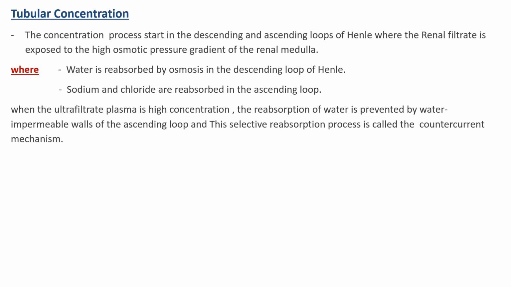Tubular concentration. The concentration process starts in the descending and ascending loop of Henle, where the renal filtrate is exposed to the high osmotic pressure gradient of the renal medulla. Water is reabsorbed by osmosis in the descending loop, and sodium and chloride are absorbed in the ascending loop.